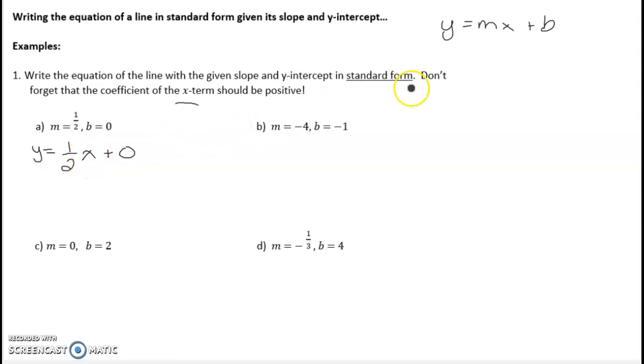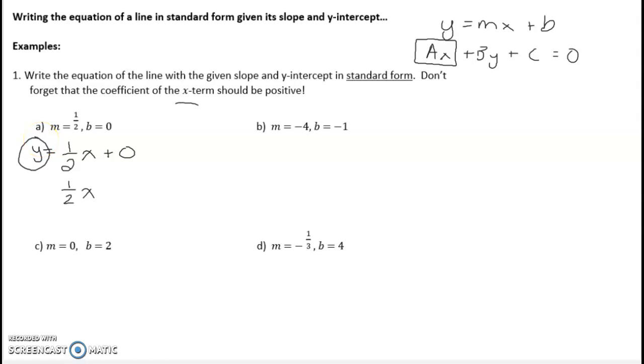So standard form is ax plus by plus c and set it all equal to 0. Now note here, I said it earlier, your x is always positive, okay? So if we look at our question here, it says y equals 1/2 x, or 1/2 x plus 0. So the x is already positive.